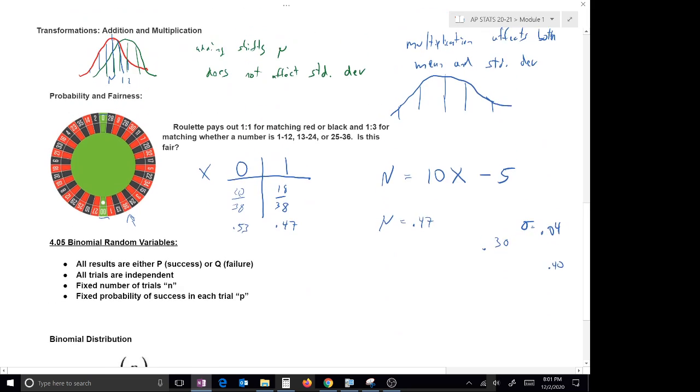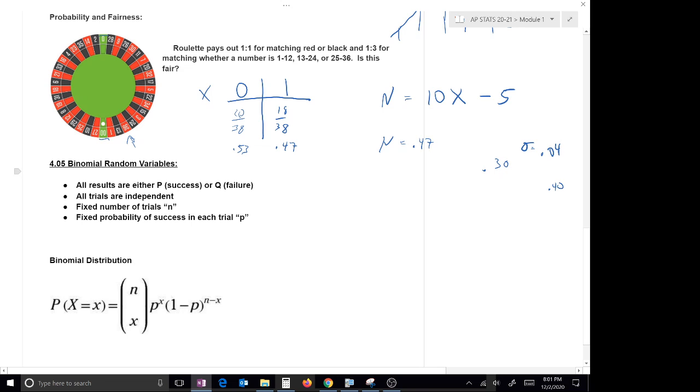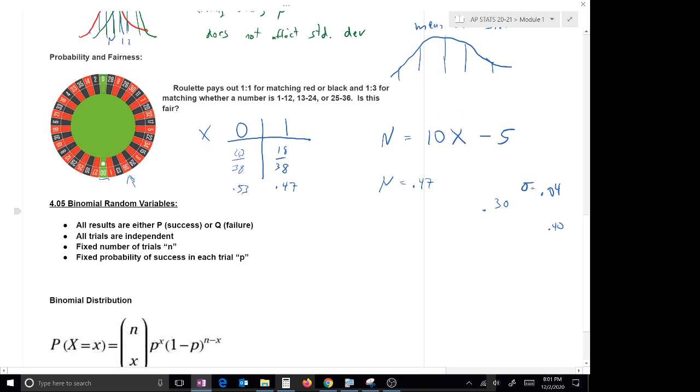All right. This leads us into binomial random variables, because you notice what I did here was, even though there were 3 possible outcomes, red, black, and green, I divided it into 2 possibilities: 0 for losing, and 1 for success.